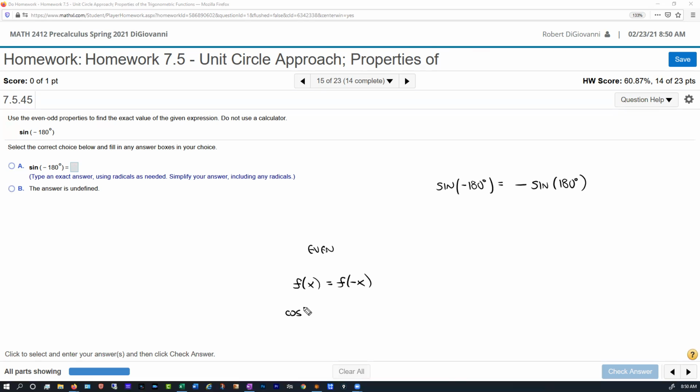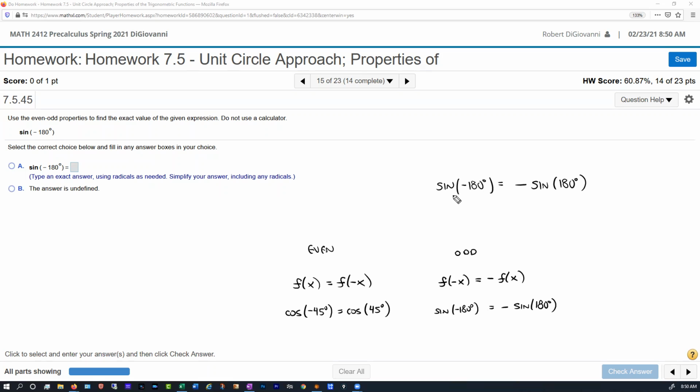Like when we say cosine of negative 45, that should be equal to cosine of 45 degrees. So that's what it means to be even. To be odd means that when you plug a negative into a function, you don't get the same function with positive, you get the negative of that function with the positive. So for example, sine of negative 180 should be sine of positive 180, but make the answer negative. So that's what even and odd means.